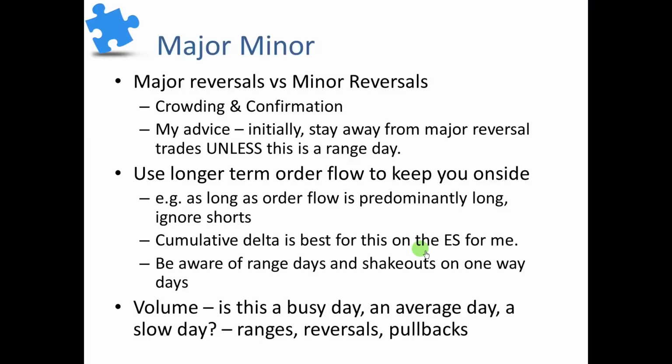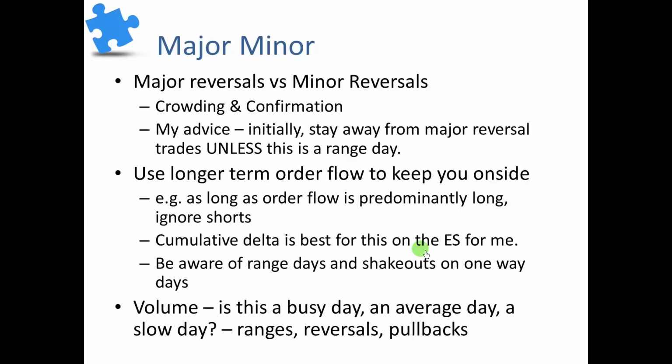And at these major levels, the reason you get a reaction is because there are a lot more people jostling for position, and there's a lot more gameplay as large traders nudge the market around, trying to push people out of position. So I consider these major reversals, what I like to call them, is crowded areas. It's a crowded area to trade.